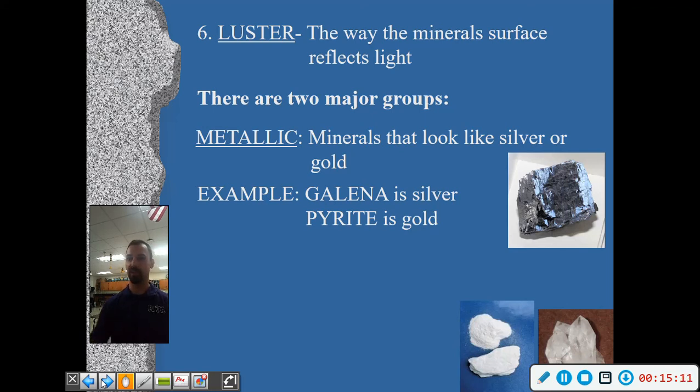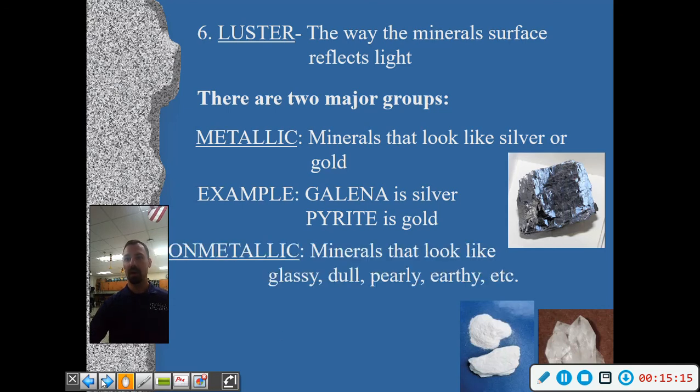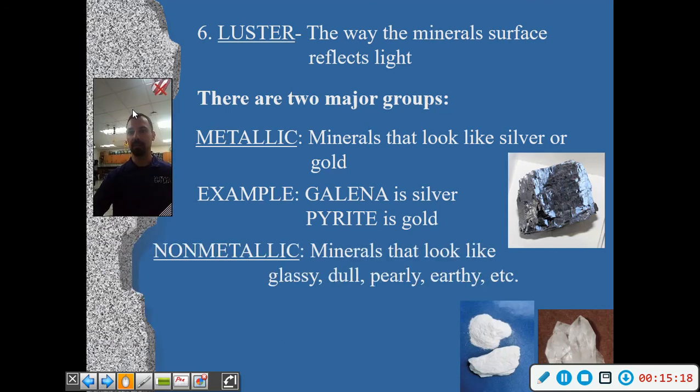Pyrite is also known as fool's gold. And then non-metallic are minerals that look glassy, dull, pearly, earthy. They can appear shiny, so be careful. But they do not appear to look like a metal at all.